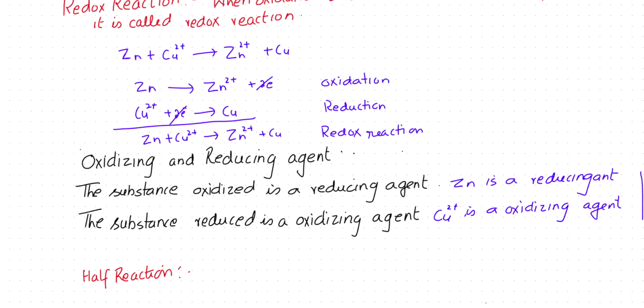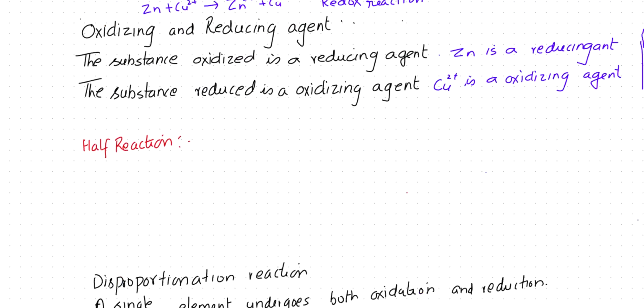Now what is a half reaction? A half reaction is when we write only the oxidation reaction or only the reduction reaction. They are called half reactions. For example, if we write zinc changing to zinc 2 plus plus 2 electrons, this is called the half oxidation reaction.